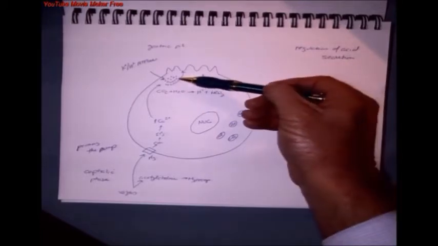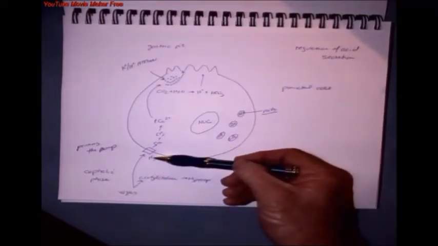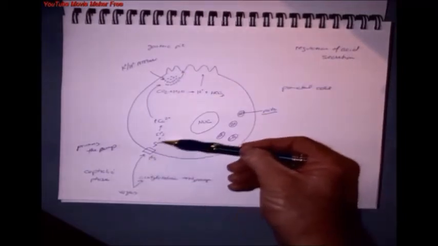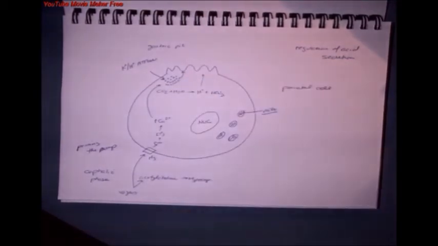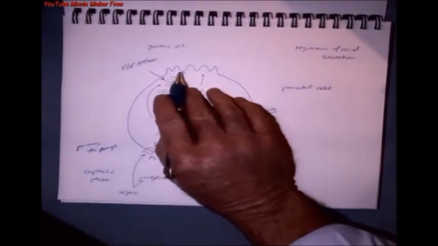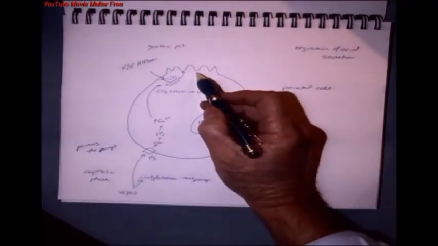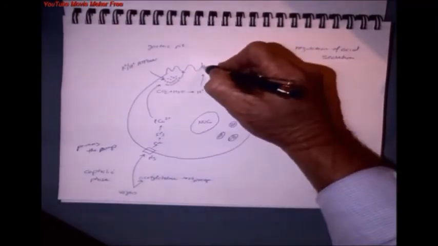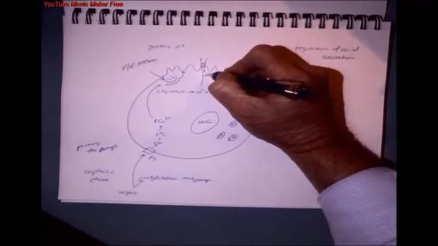So let's pre-package these proteins so that all we have to do is trigger, through this vagal response, the fusion of these vesicles with the surface. And now these transporters are exposed on the surface of the cell and they become active. Once they're on the surface of the cell, now we can transport our protons.